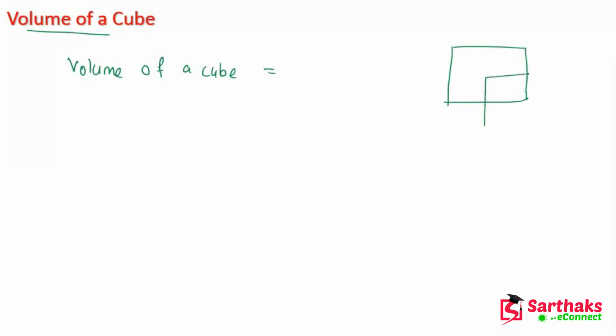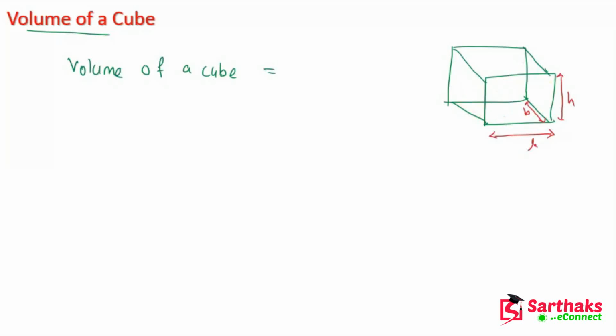Now let's see the volume of a cube. Let's suppose this is a cube. Here this is L, meaning length, this is B, and this is H. In a cube all the sides are equal.